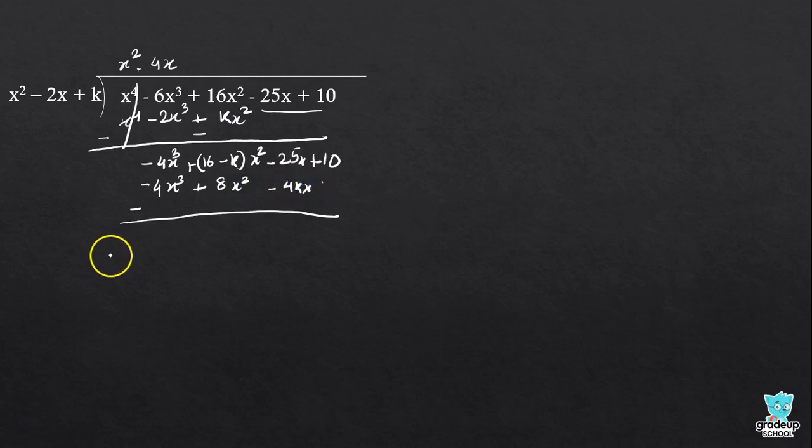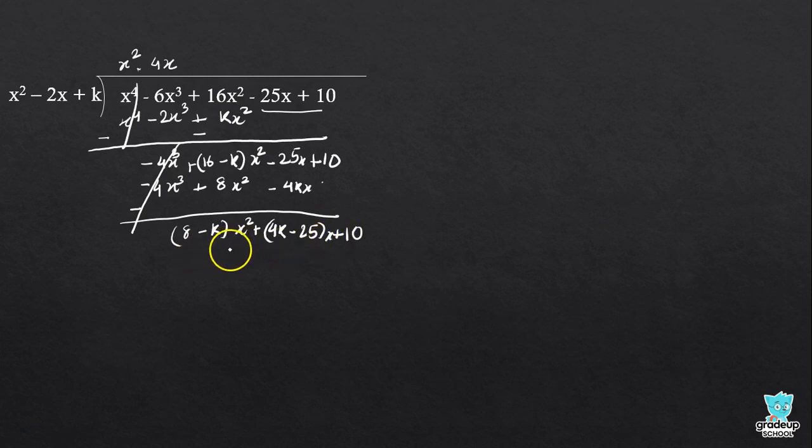Now we subtract these two expressions. Again the like terms get cancelled out and we are left with (8 - k)x^2 + (4k - 25)x + 10.